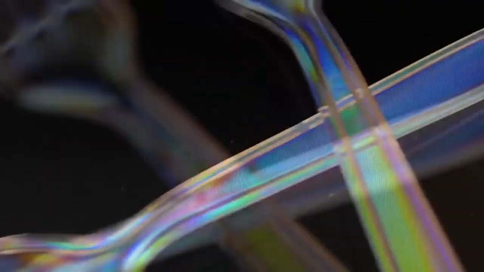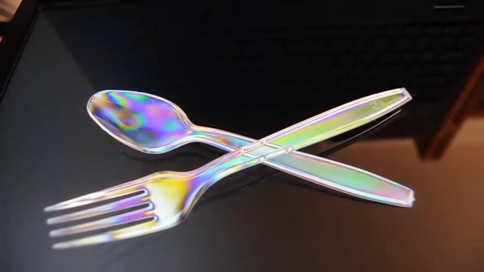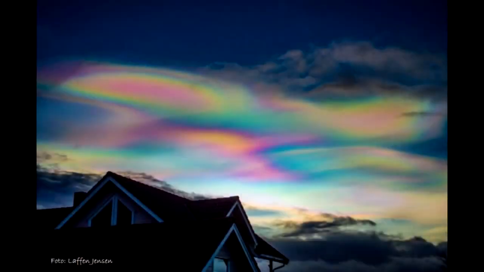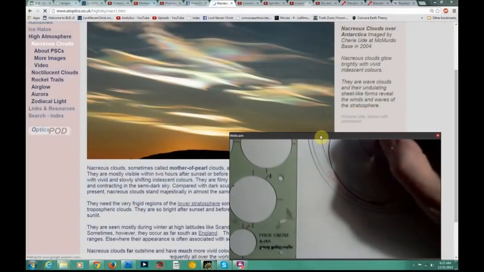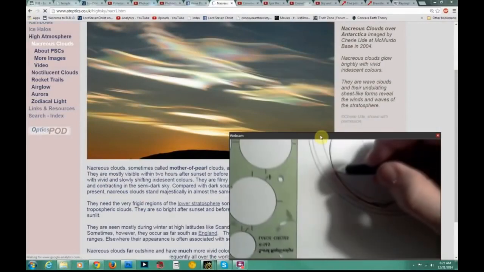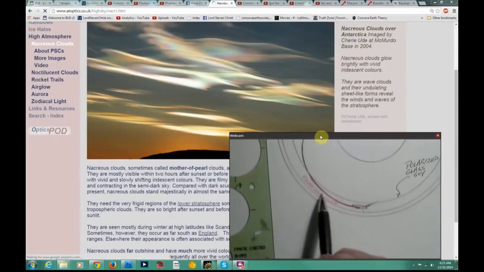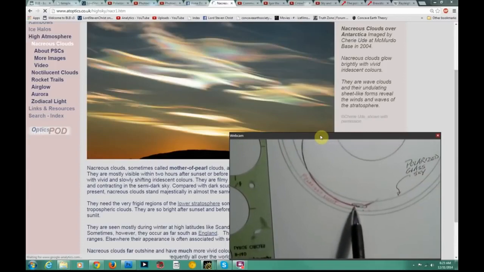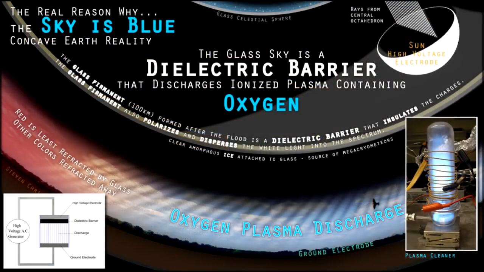Same type of colorization stress values that the nacreous or iridescent clouds have. Same thing. The sunlight bends around, and once it passes through the glass sky, the light gets polarized. And then it curves around back, and it hits through the bottom of the cloud and then rises back up again.